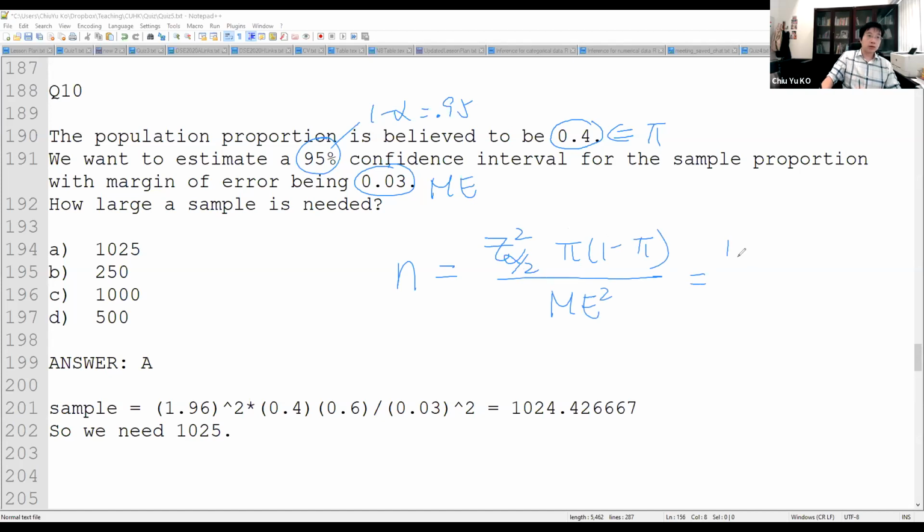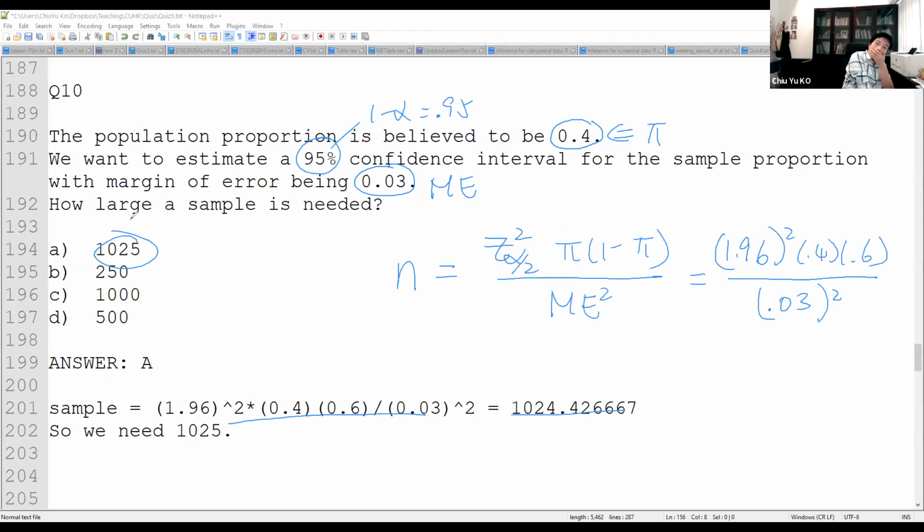So it will be 1.96 squared times 0.4 times 0.6 over 0.03 squared. So this should be the answer, and that's why we round up. Is that okay?